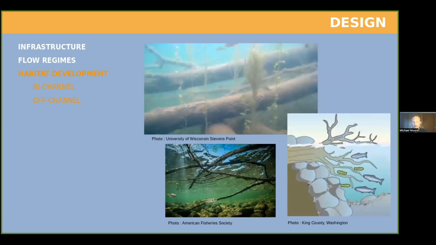In terms of habitat development, of course, we want to be considering which species we're targeting and where those species can benefit the most within the system. One consideration that's important is whether in-channel habitat or off-channel habitat will most benefit the species that we're targeting.